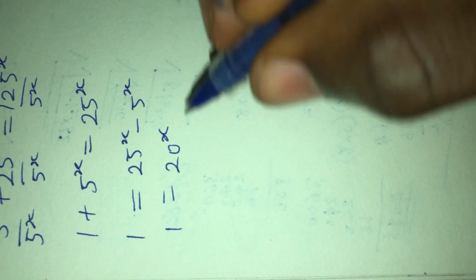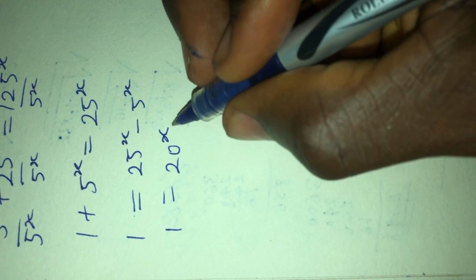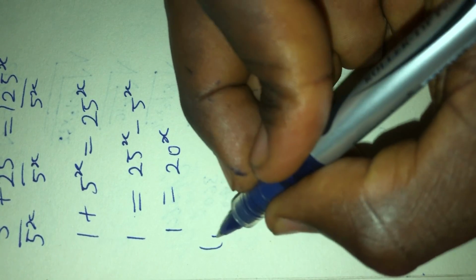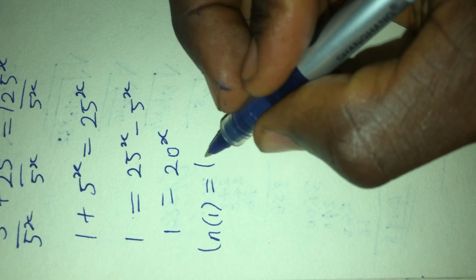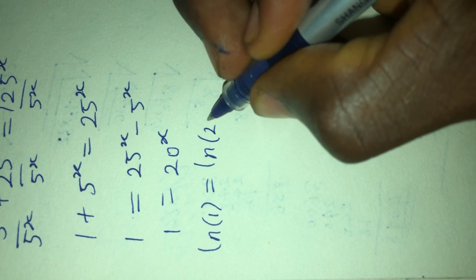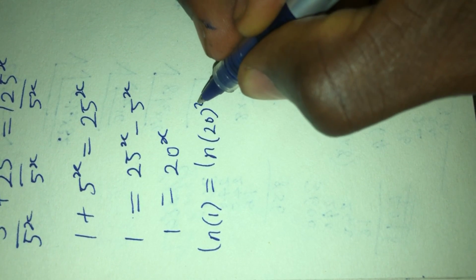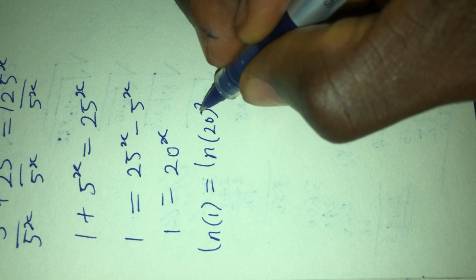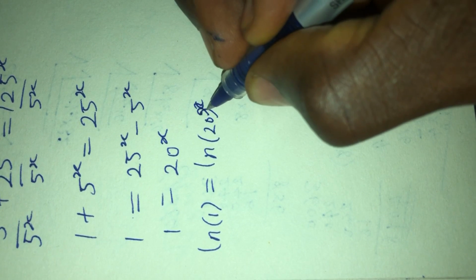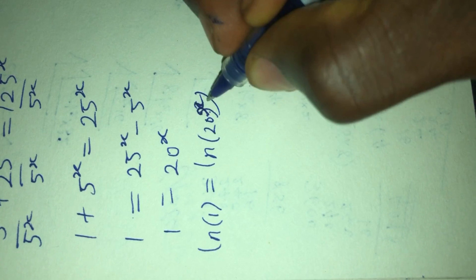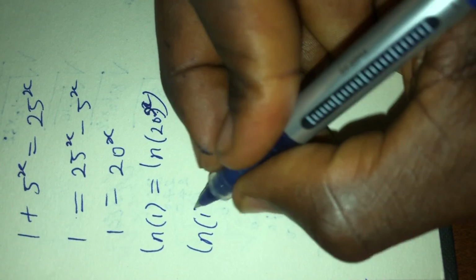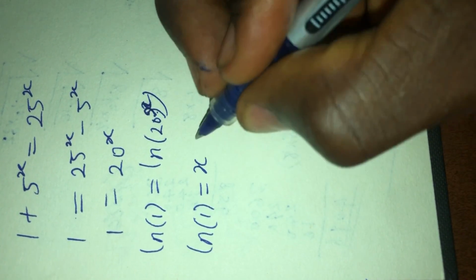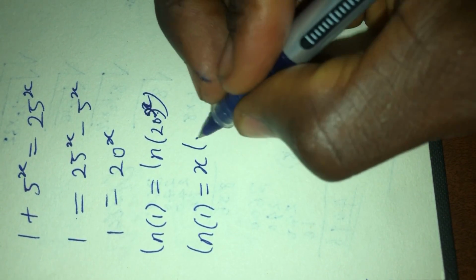If we take the natural logarithm of both sides, we have ln 1 is equal to ln 20 raised to power x, and ln 20 raised to power x is the same thing as saying x ln 20.